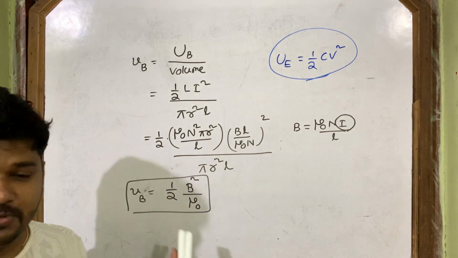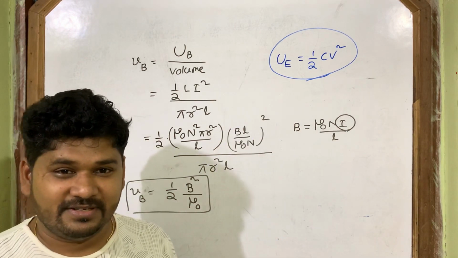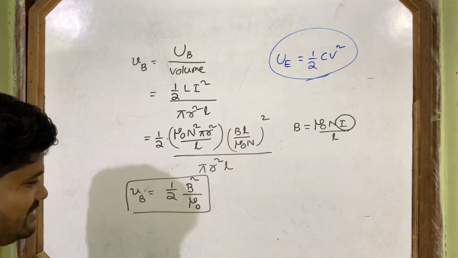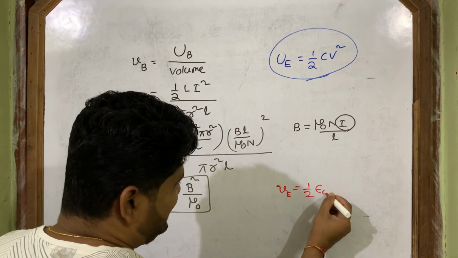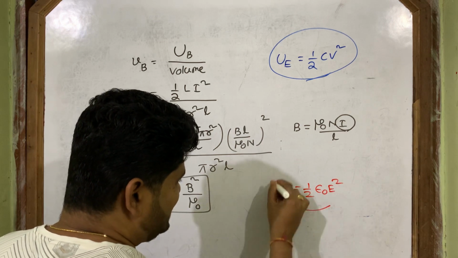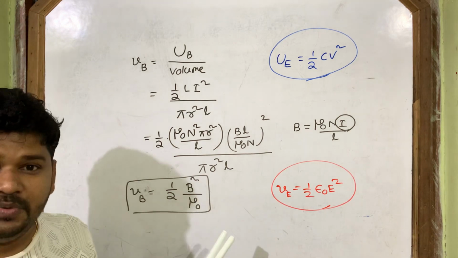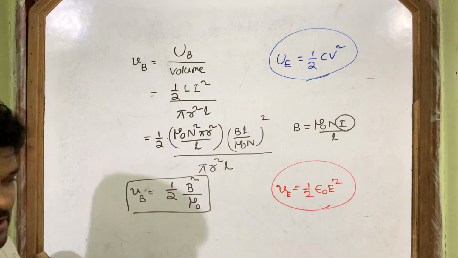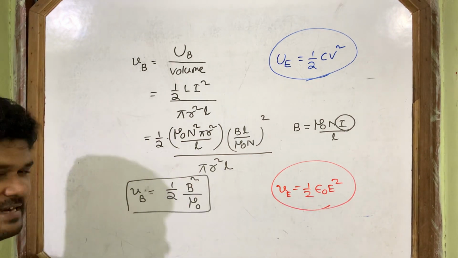Are you thinking to compare this energy density expression with the capacitor energy density expression? Okay, let's also do that one. Capacitor energy density expression is half epsilon naught E square. Are they similar? Yes, obviously they will be similar. You see, half. Here electric field square, here magnetic field square.